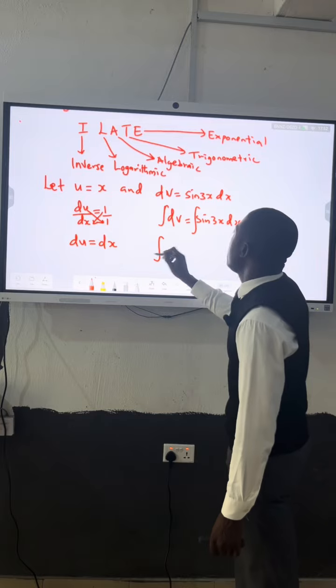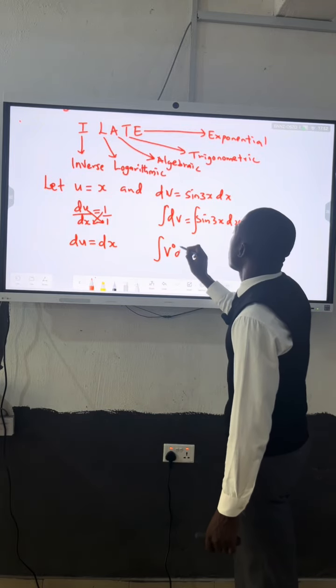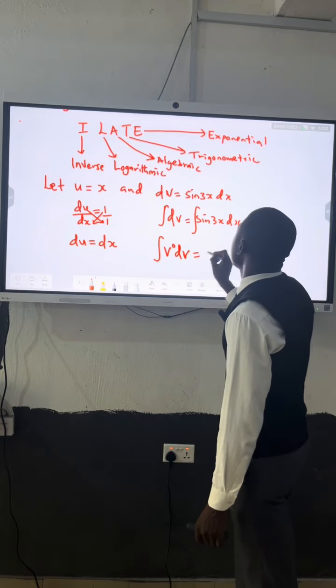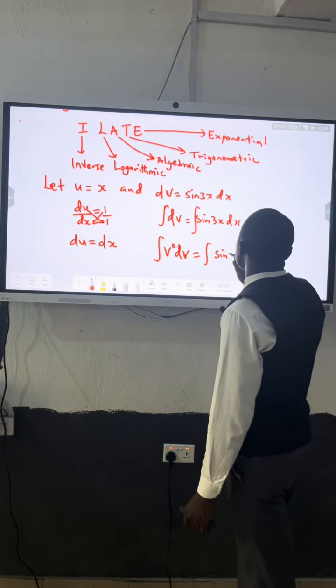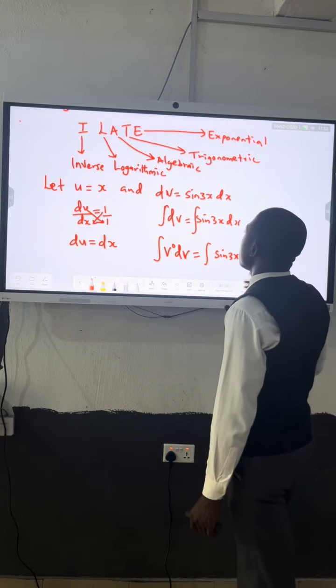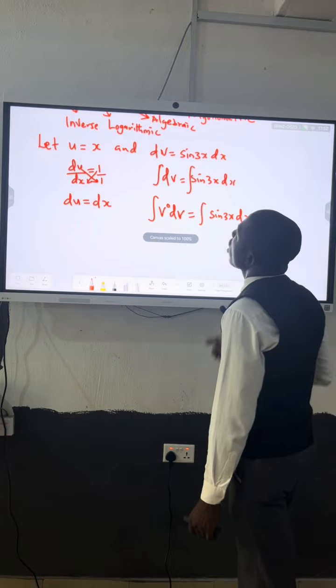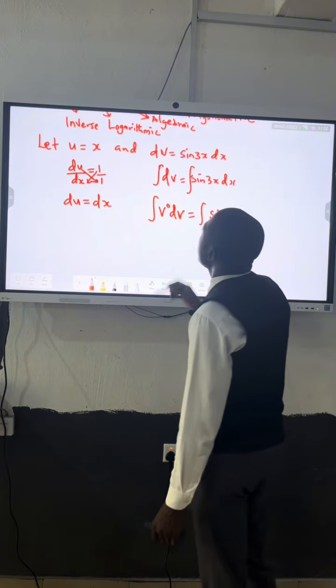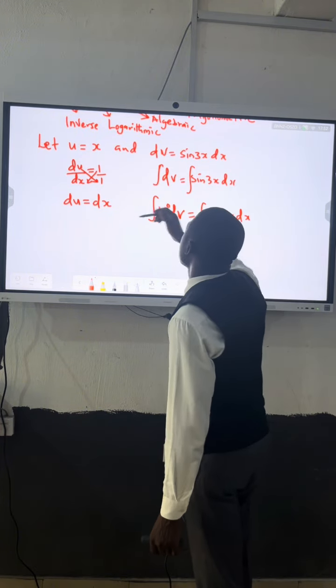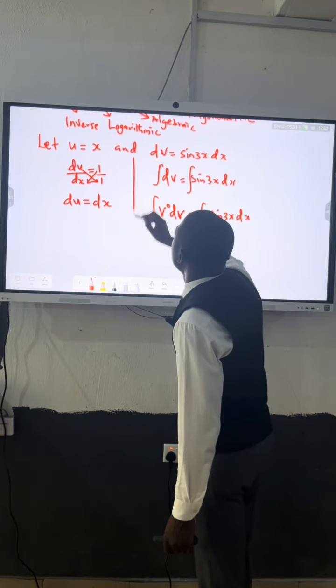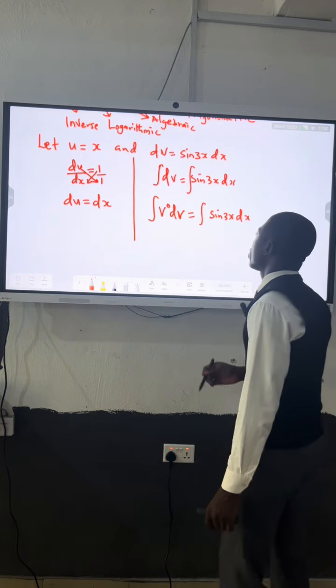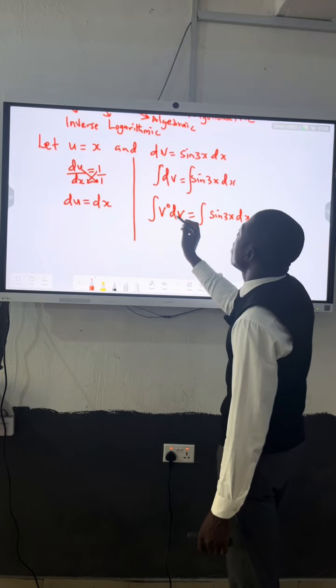Write it as the integral of v raised to power 0 dv is equal to the integral of sine 3x dx. Let me draw a line here just to partition these two groups so that it will look organized. All right, so integrate u raised to power 0 with respect to u.